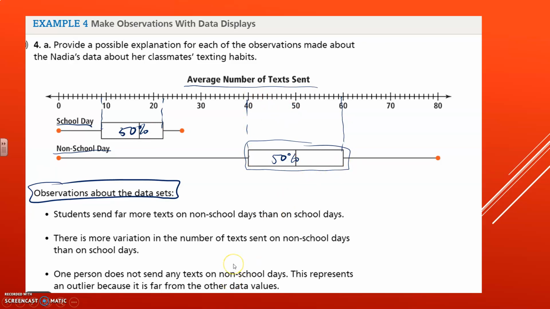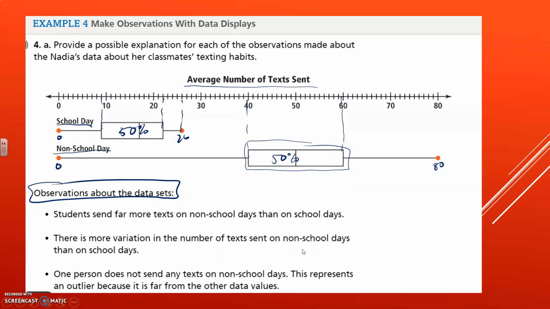The second one says there's more variation in the number of texts sent on non-school days than on school days. The minimum of both is 0, but the maximum is 26. So there's a range of 26 texts sent on school days, whereas the maximum here is 80. So a much bigger range and a bigger interquartile range if we just did that.